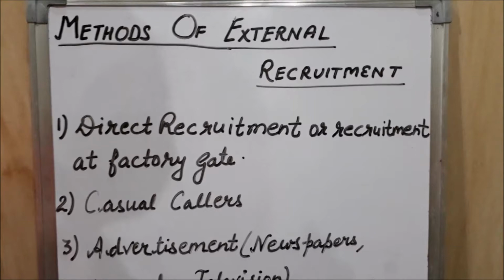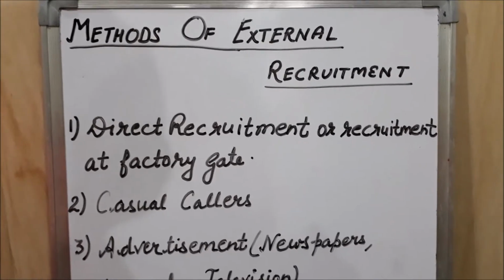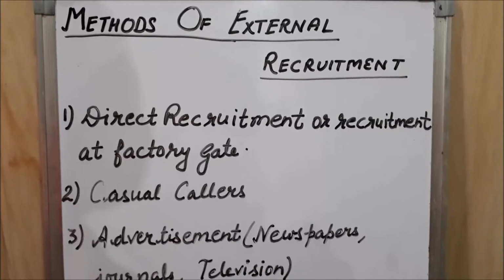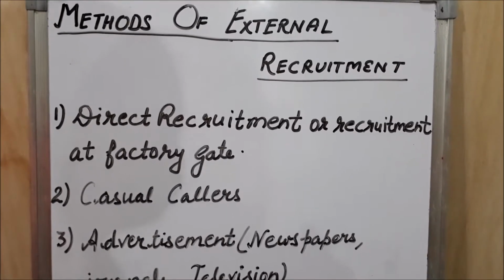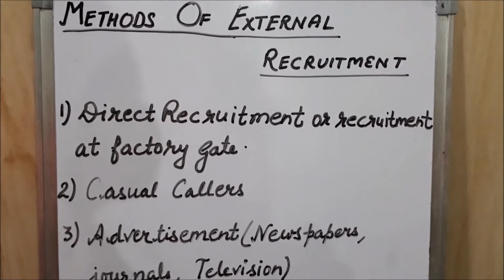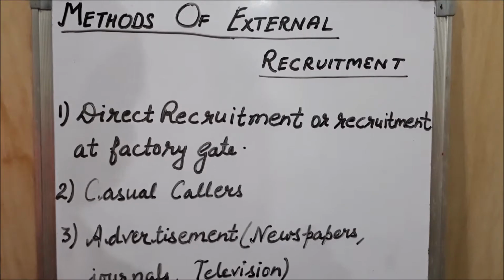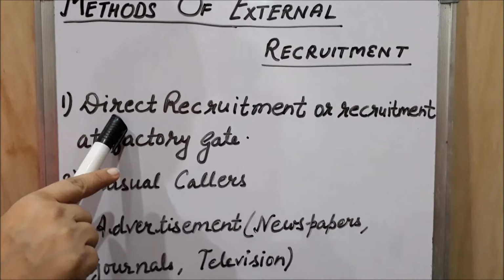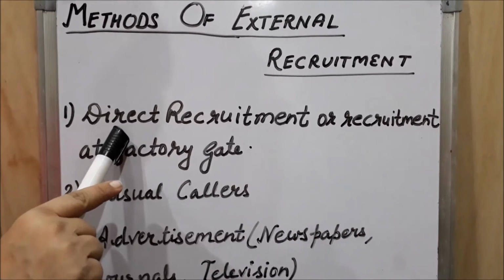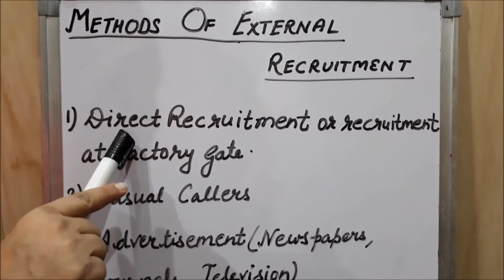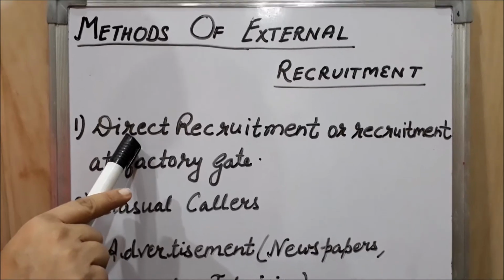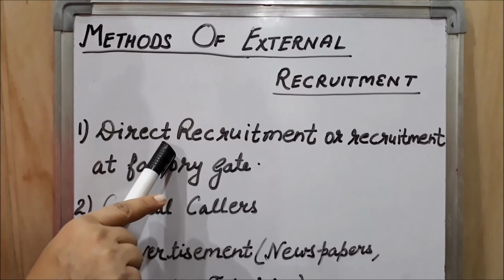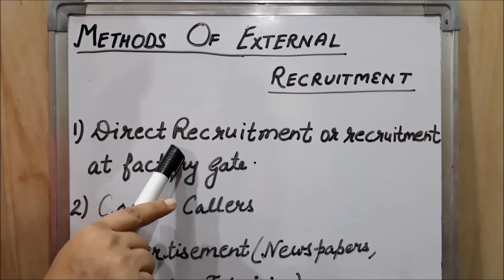Job seekers read the notice and they collect outside the organization on a specified date at a specified time, and selection is done on the spot. This type of recruitment method is generally used for casual workers and for semi-skilled or unskilled jobs. Such employees are called casual workers or badli workers.